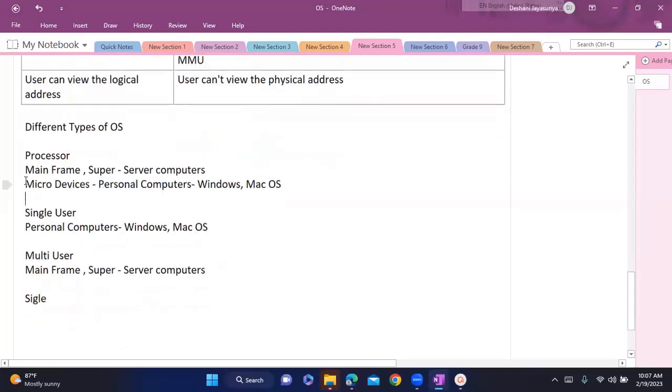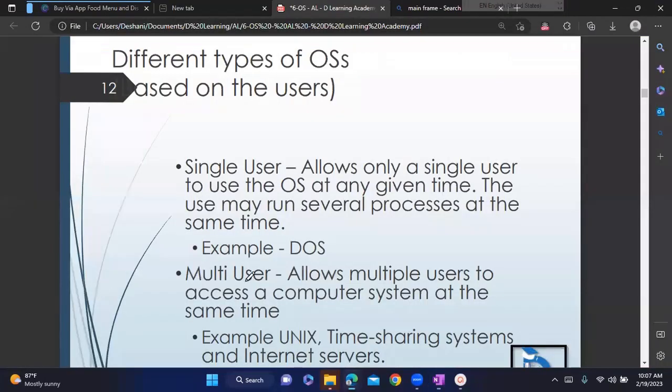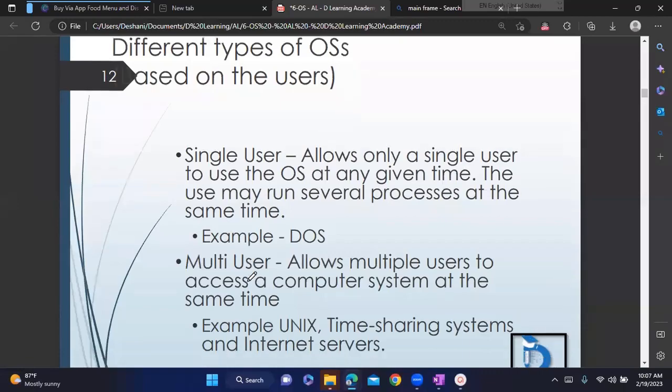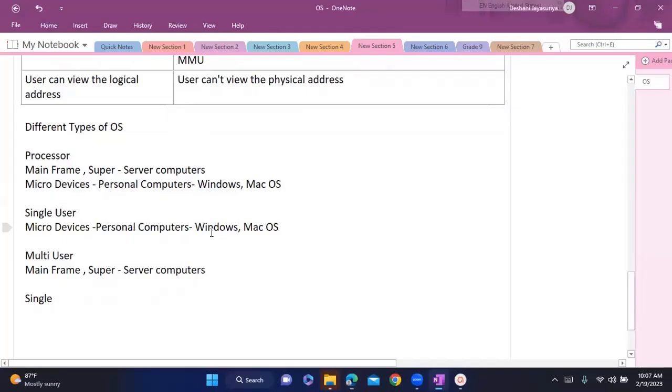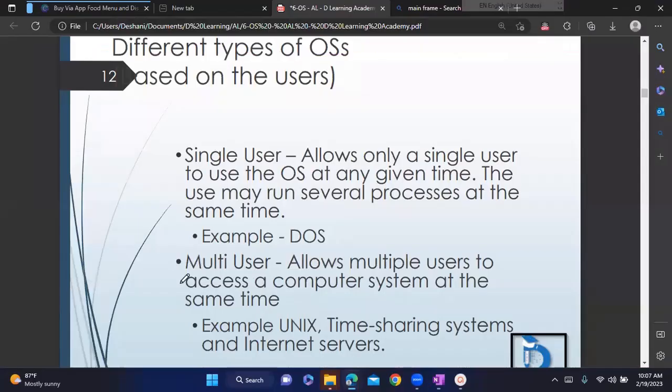That's the categorization you can do based on this. And the other one is single task and multitasking. So single user, multi-user, that's the difference. I hope you got the idea.